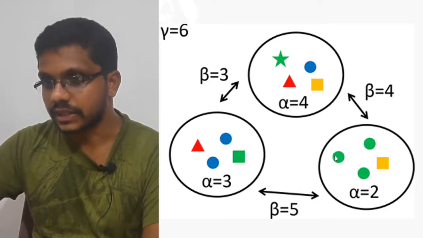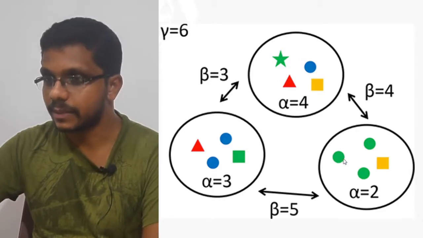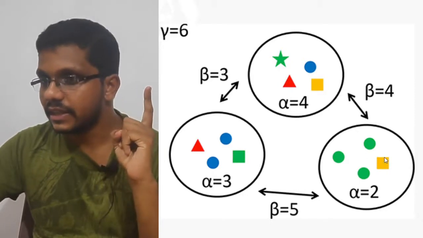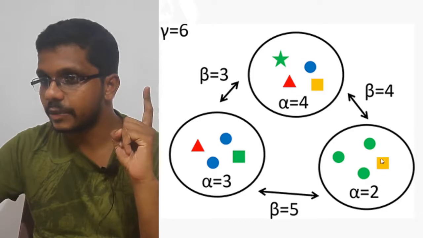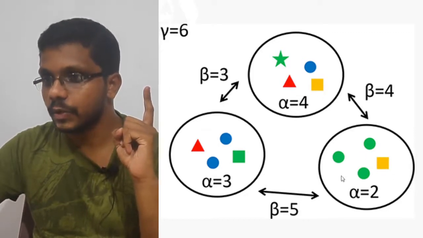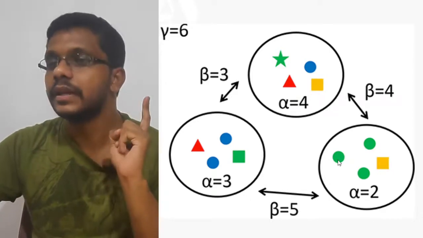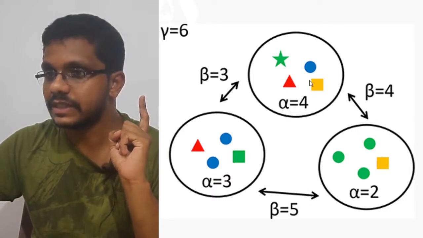Look at this one, the green round. The green round is present in this community but absent here. So, that's a unique species. The yellow cube is in this community and this community, so it is not a unique species. So in this community, we have one unique species, that is the green round. Come to this one. This one has four different types of species.